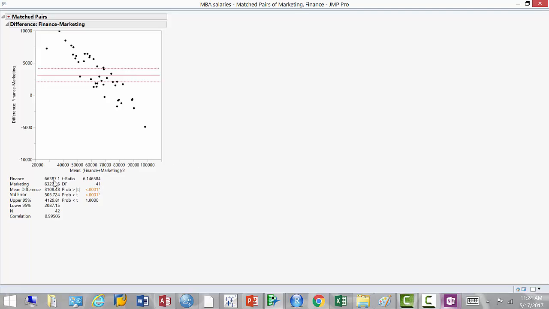Okay, so first of all, let's take a look at this summary, right? This table that I have over here. Basically, it says that finance people are offered, on average, $66,387. That's what it computes. We saw that before, right? Marketing people are offered, on average, $63,278.